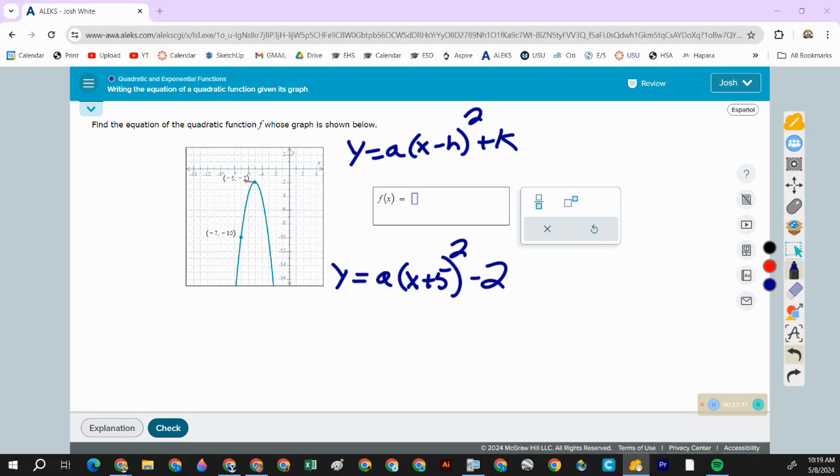So I look here, over 1, down, I'm not sure how much, a little bit, but over 2, down, I don't know. It's kind of hard to tell from the graph. So I'm going to take this other point, and I'm going to plug negative 7 in for x and negative 10 in for y, and that will leave me with an equation that only has one variable, and then I can solve it using algebra.